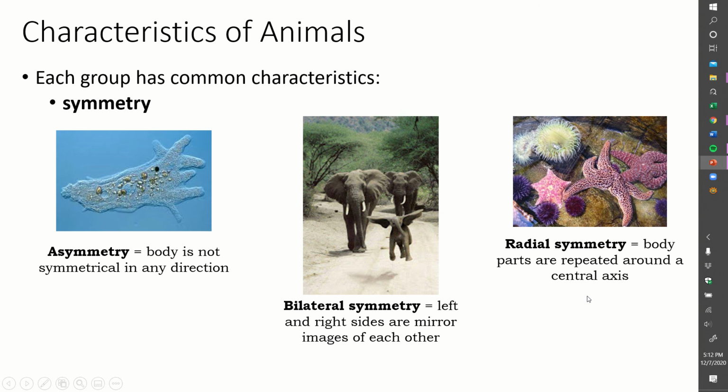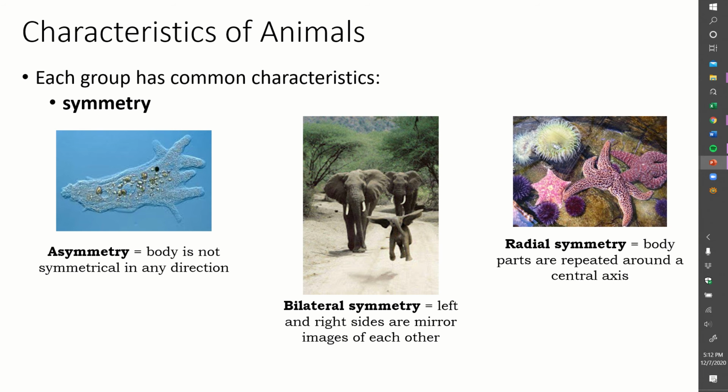There's also radial symmetry, where there is an axis in the middle and a mirror image or repeating parts are repeated around that axis. A lot of people misunderstand this definition and say you can cut something anywhere to make mirror image halves, which is not true.